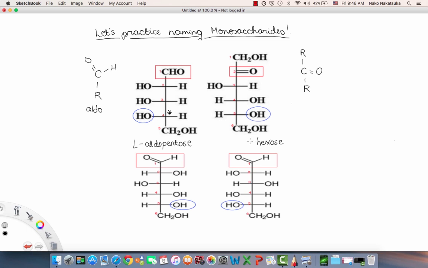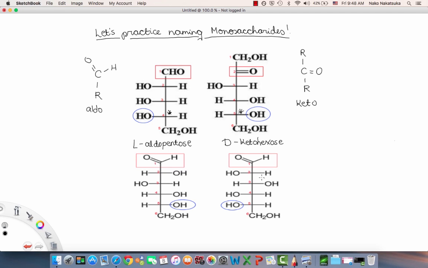And when you have a ketone, the prefix is going to be keto, and thus this is going to be ketohexose. Really easy. And now we look at the last stereocenter, which is carbon number 5 in this case. Again, CH2OH, this carbon is not a stereocenter, and the OH is to the right. Now when the OH is to the right, it is D. So it's D-ketohexose.